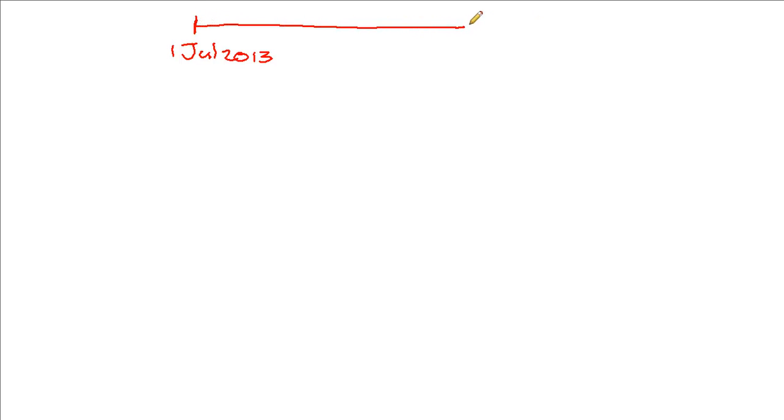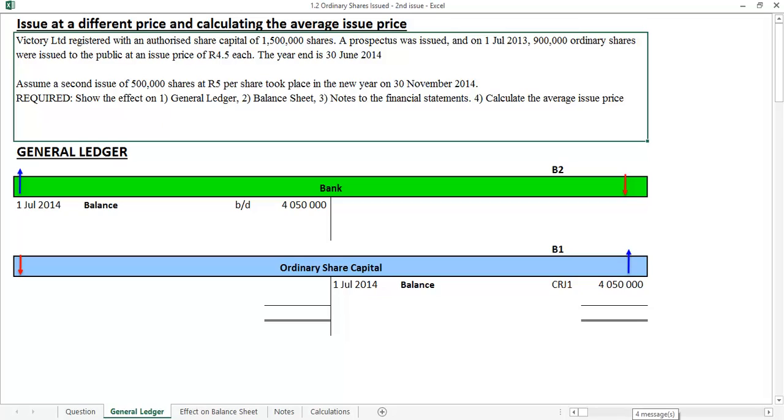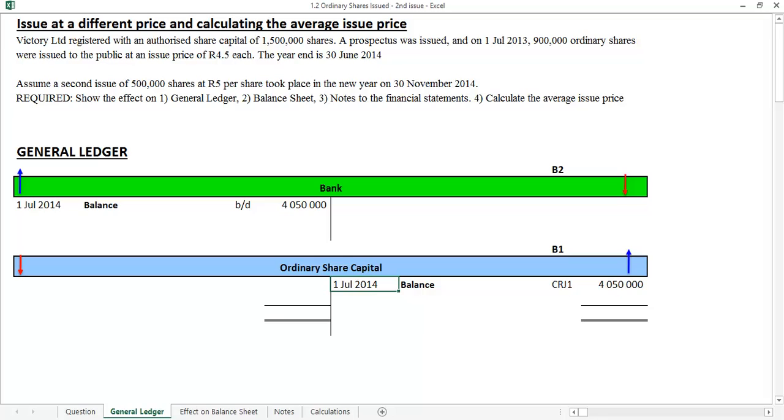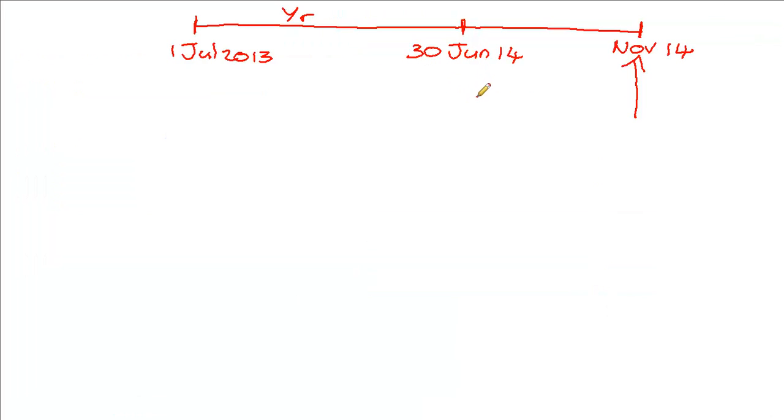And then we had a whole year passing, and on 30 June 2014, that was when the year end was. So this was the first year. And then in the second year, we had this additional issue on November 2014. So this is the issue that we are talking about now. Good. So that's why we've got this opening balance on 1 July 2014.